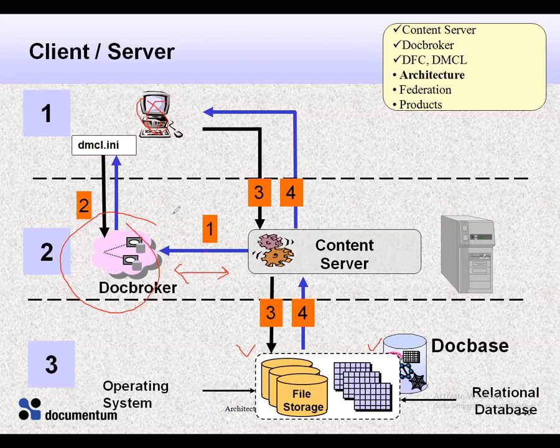So initially the docbroker interacts with the content server. It gets connected by default. These are two different components, but the docbroker component always looks for the docbase, so it must be up and running every time. That's why it is denoted by one.